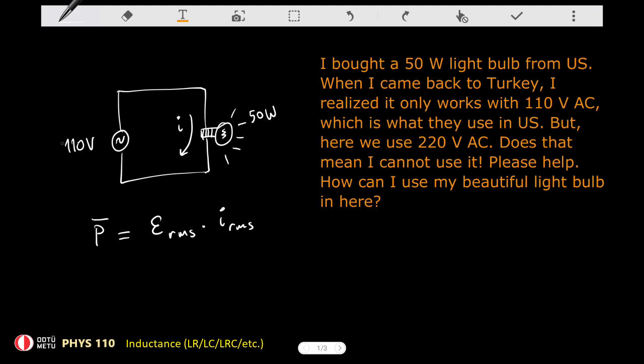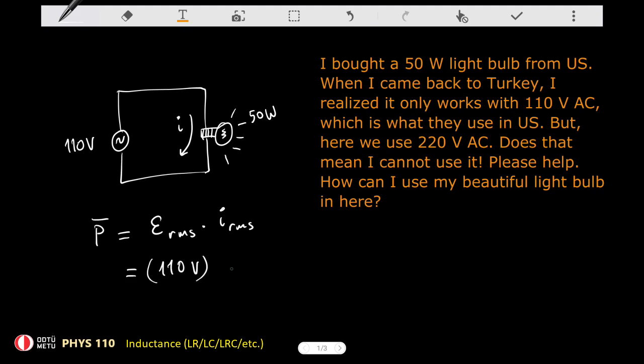In all of these cases, whenever people talk about potential values or powers, they are assuming AC, and all of these voltage values are RMS values.